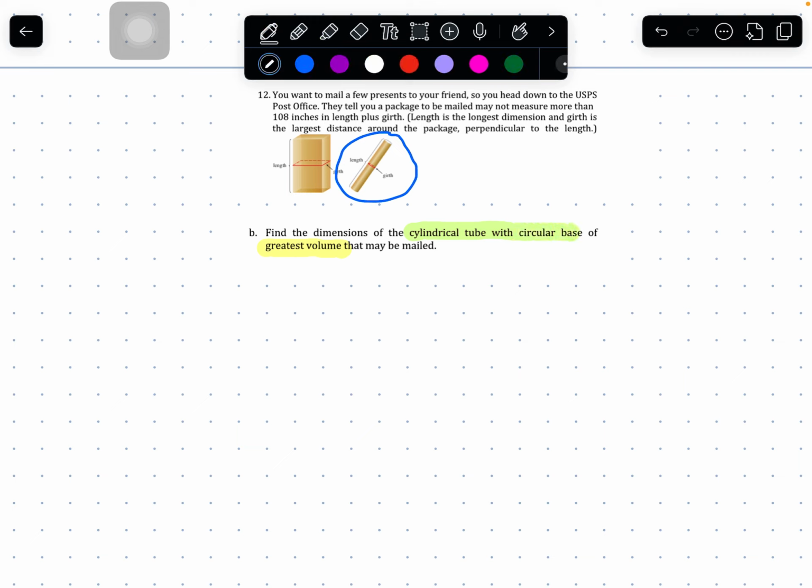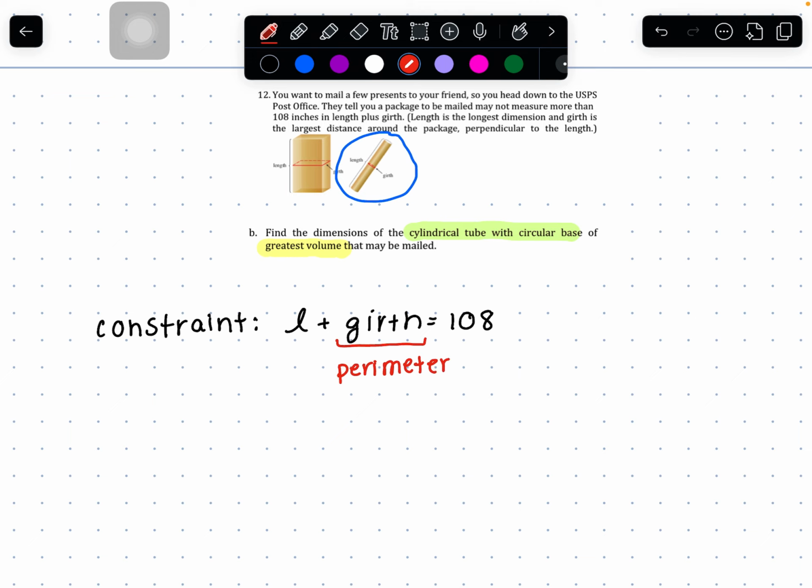Our constraint essentially still looks the same. You still have L plus this equals 108. Remember, this described the perimeter when we were working with the rectangle.